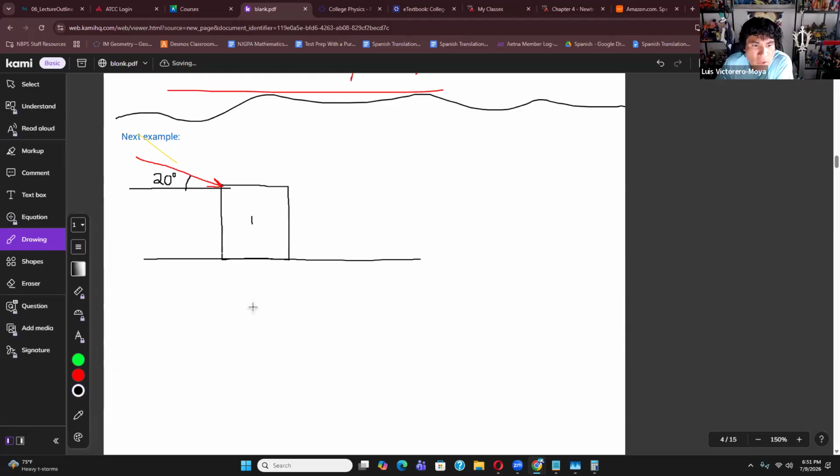This weight, they're telling you, is 1,000 newtons, and it is moving at constant speed. So this is constant. What does that tell you?